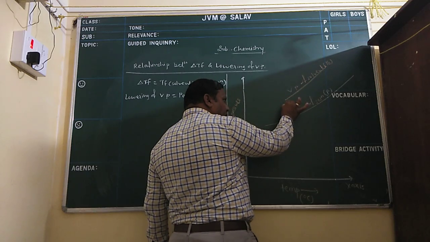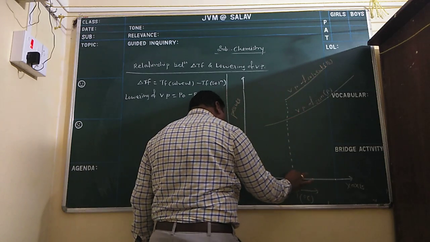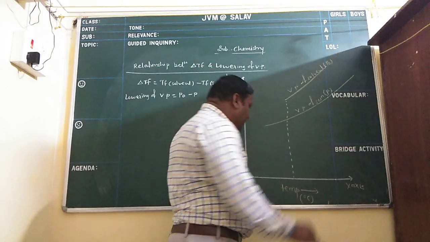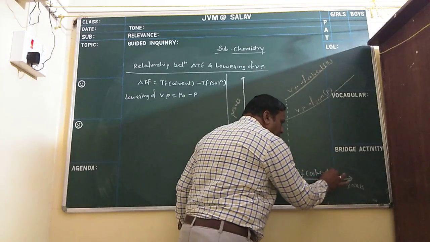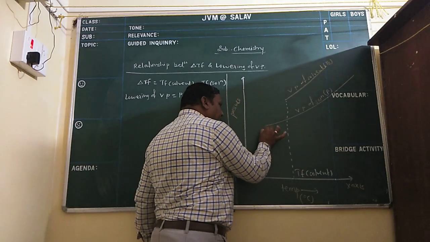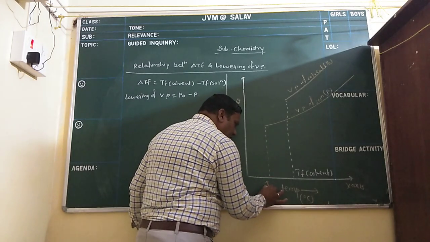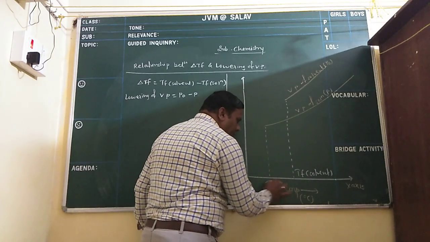Now this line joined here, it says T of solvent, and here it is T of solution.